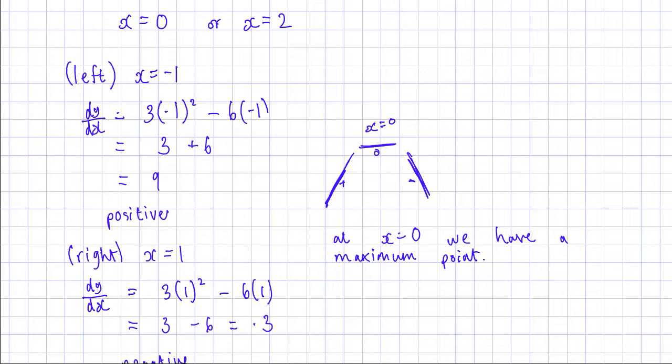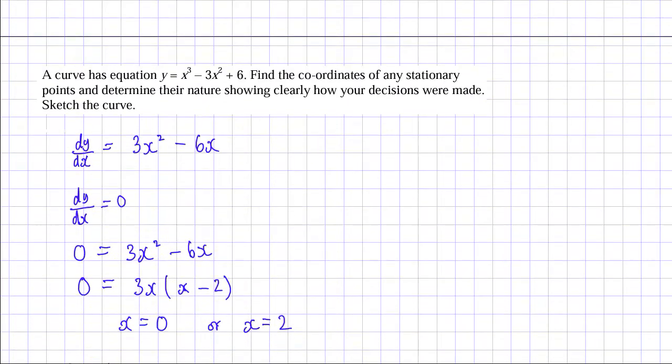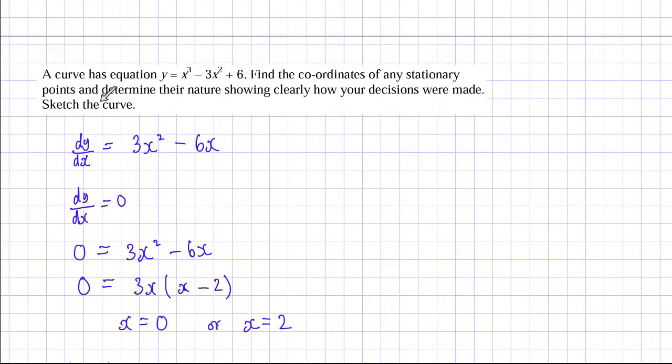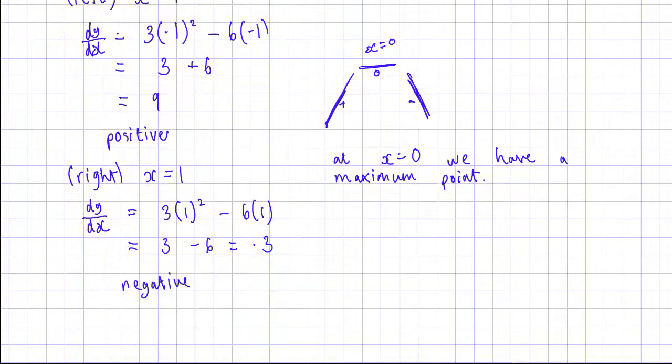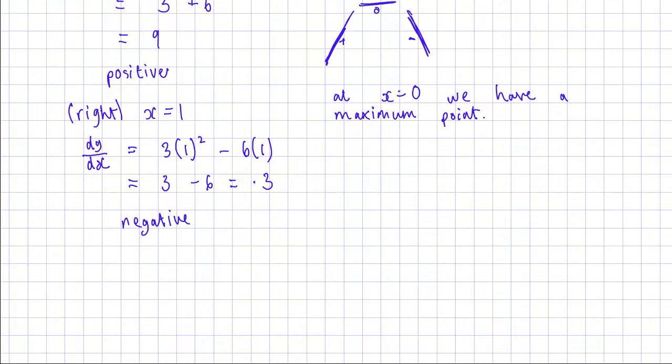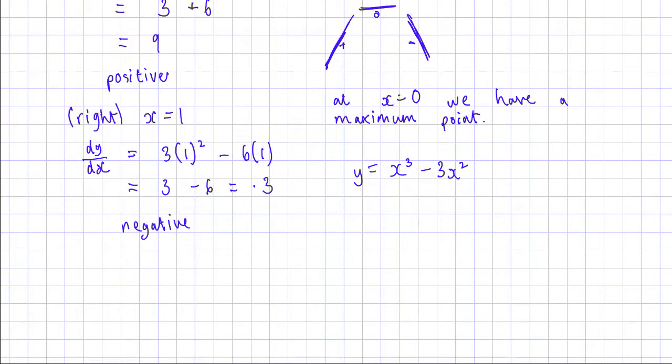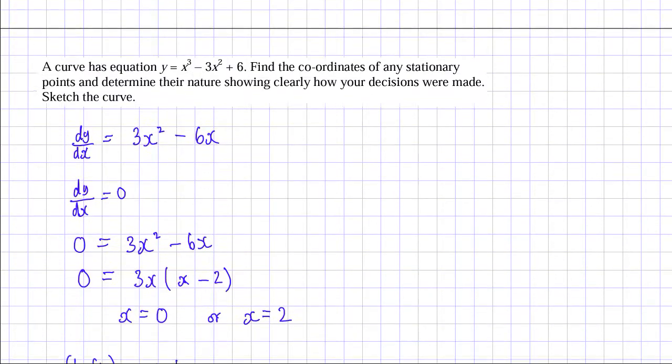Okay, now what I'm going to do, because we needed to sketch this graph, I'm going to find what the y value is when x is equal to 0. So I'm going to find the coordinates of this point. So let's find that. We have y is equal to x cubed minus 3x squared plus 6.